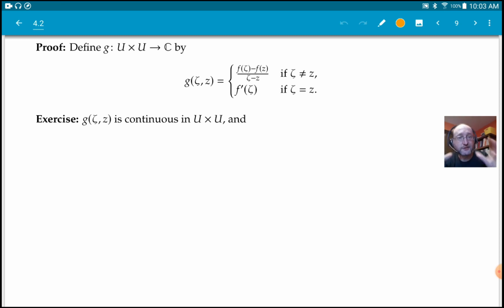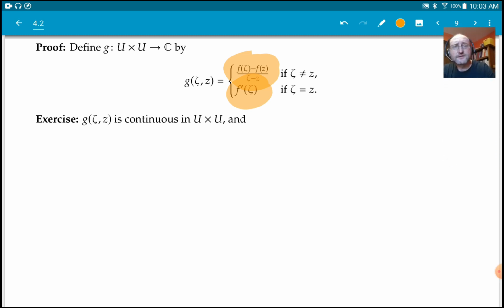You have to show that it's actually continuous in both variables, and it makes sense, because intuitively, when zeta gets close to z, or more likely when z gets close to zeta, the difference quotient should get close to the derivative. So that's one thing, that it's continuous.